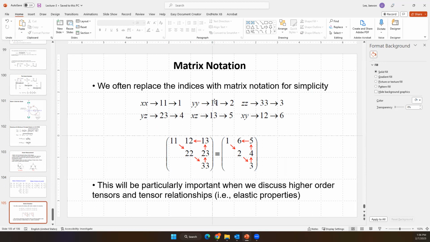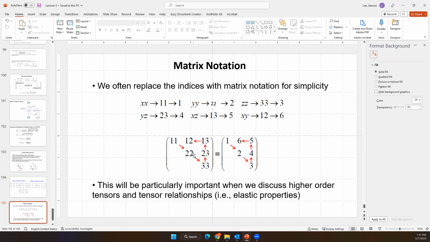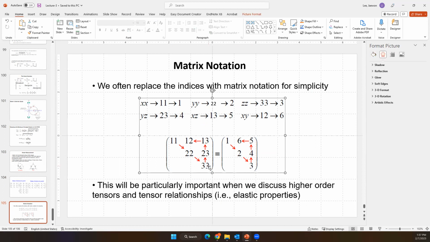Y is 22, and ZZ is 33, and we can say just 3.